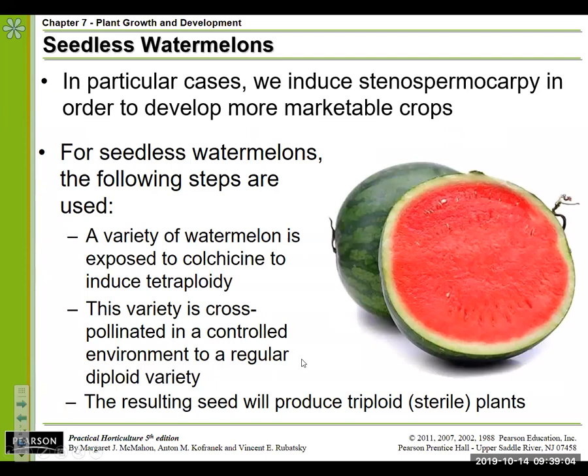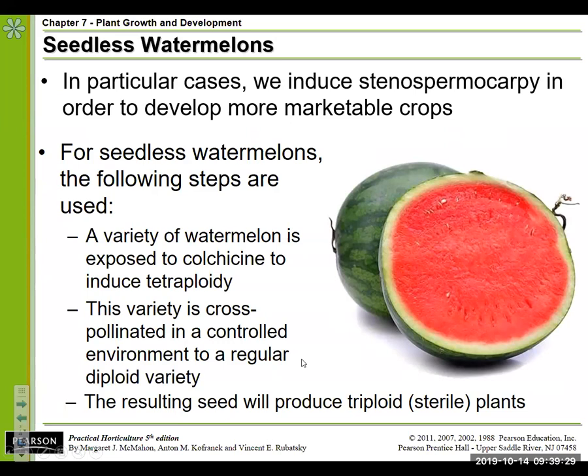We actually cause this kind of phenomenon for some plants, like the seedless watermelons, for instance. And it's really kind of a fascinating thing with the seedless watermelons. And again, it's this whole process of experimentation, how they kind of came up with this.